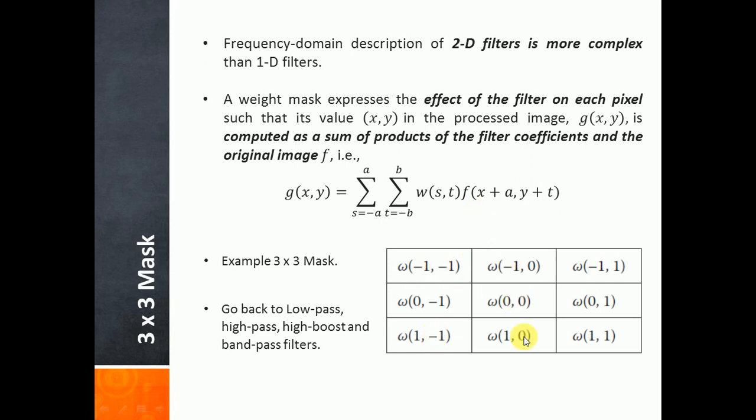And then there's a coefficient or a weight associated with each pixel. The output pixel is just a linear combination of the input pixels with some weights associated with them.